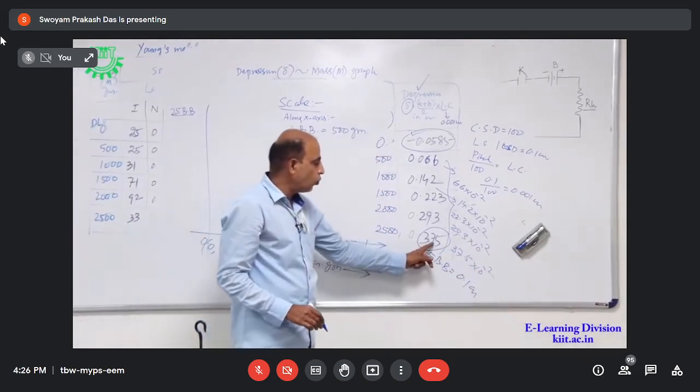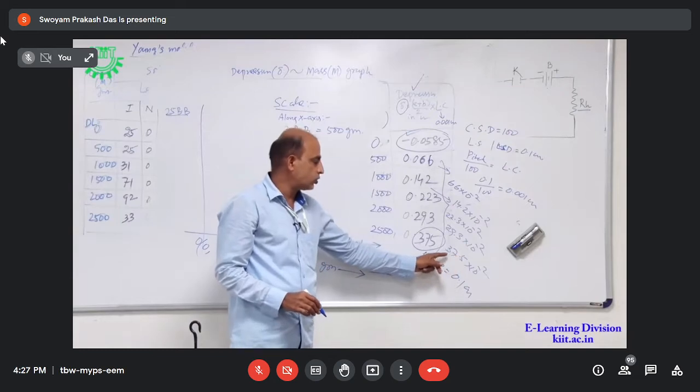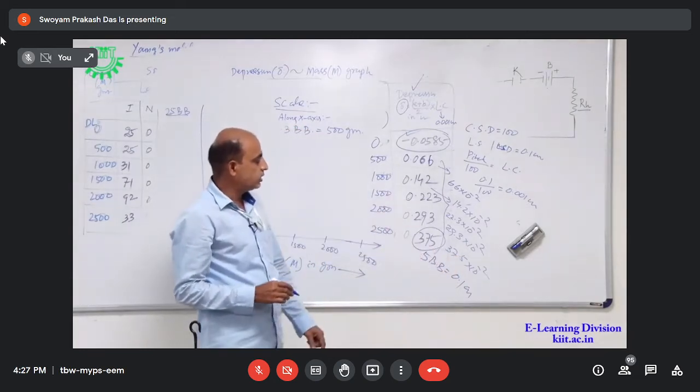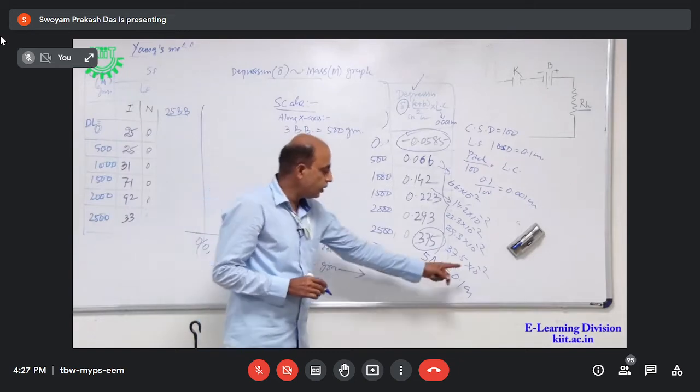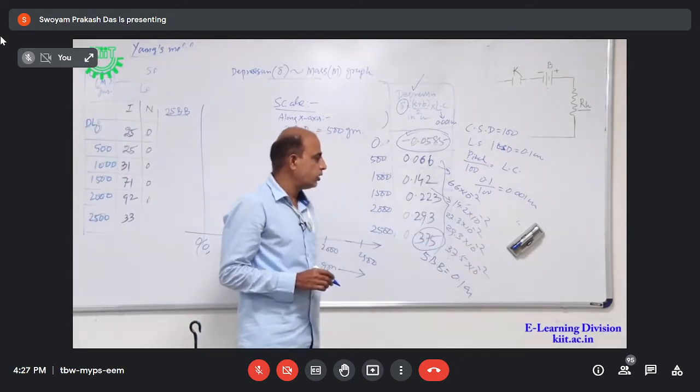That means the whole value is considered along the y-axis, taken in the graph up to 3 decimal places. Now everywhere 10 to the power minus 2 is common.